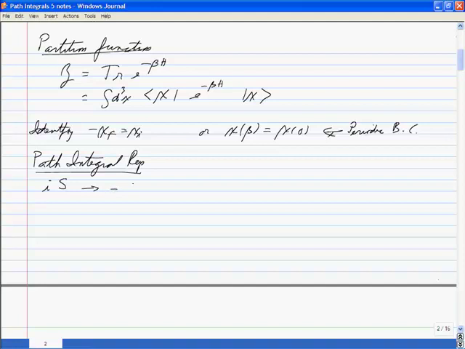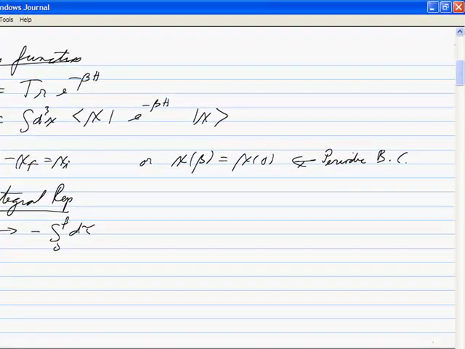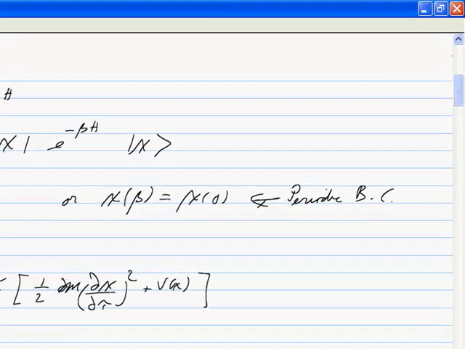Let me just write the answer and you can sort of see it. There's minus integral d tau from 0 to beta, so the time goes from 0 to beta, and it's 1/2 m (dx/d tau) squared plus V of x. Okay, to start with, it was (dx/dt)^2 minus V of x, but then t goes to i tau. There's an extra minus sign here, so these carry the same sign, and I pulled the overall sign out in front.